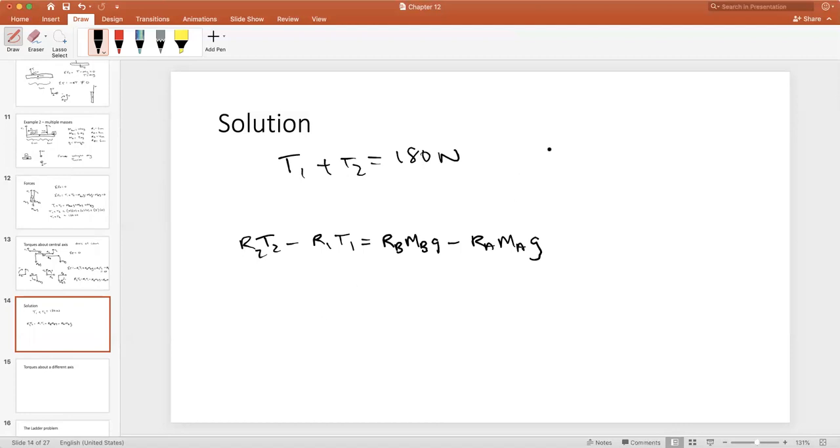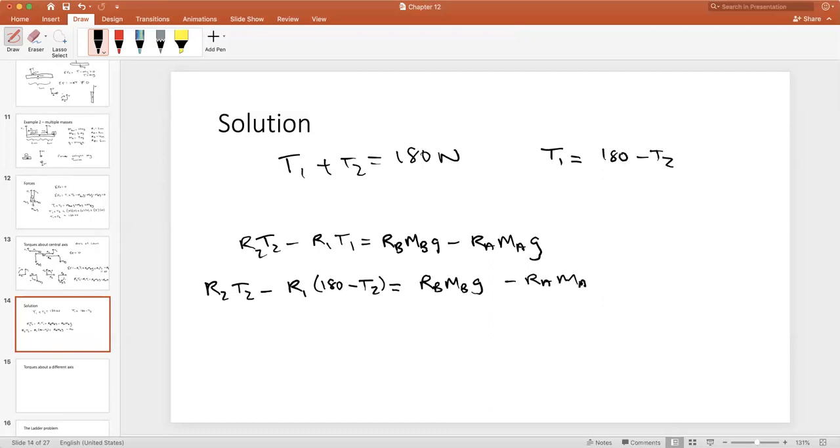Now, we can plug in for T1, 180 minus T2. And when we do that, we get that R2, T2 minus R1 times 180 minus T2 is equal to RB, MBG minus RA, MAG.